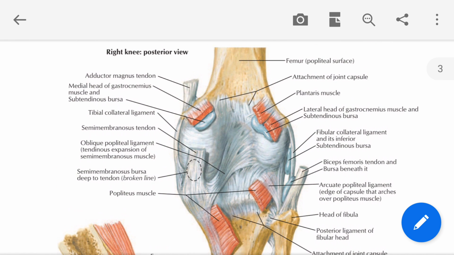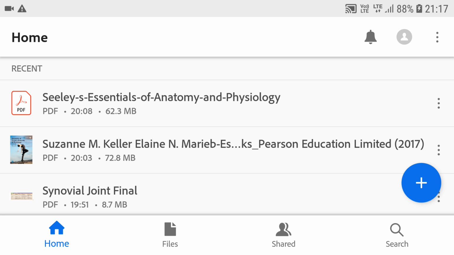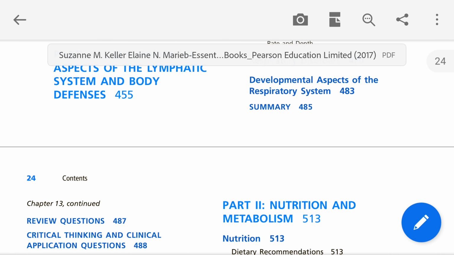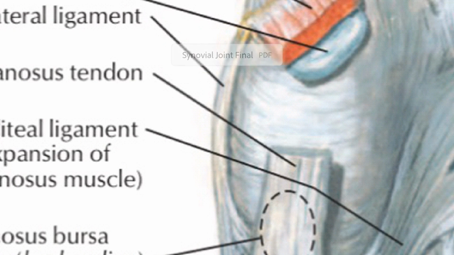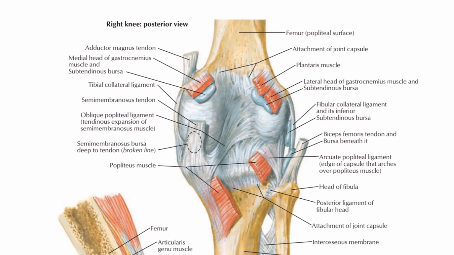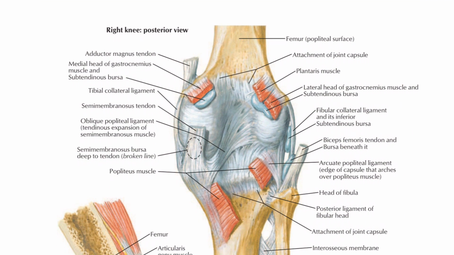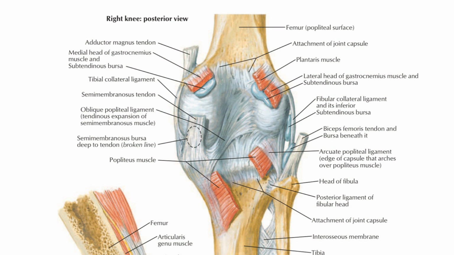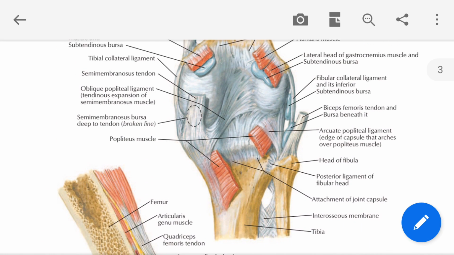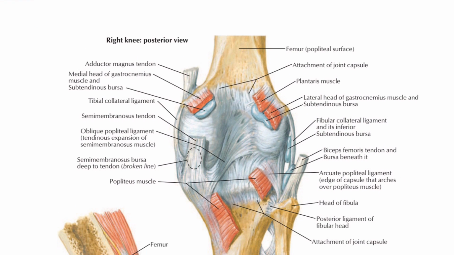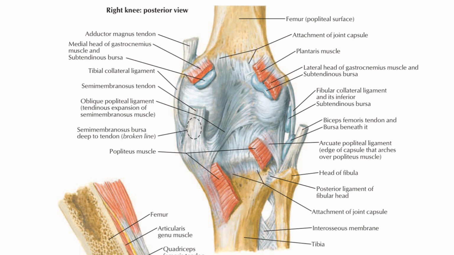And here the same knee joint is shown, but here we cannot see this type of joint, because this is actually a posterior view along with the ligament.